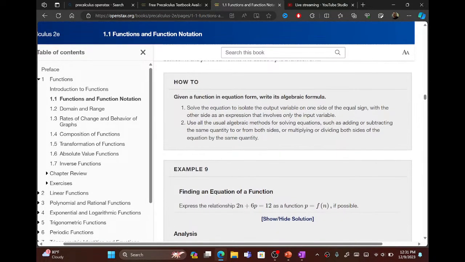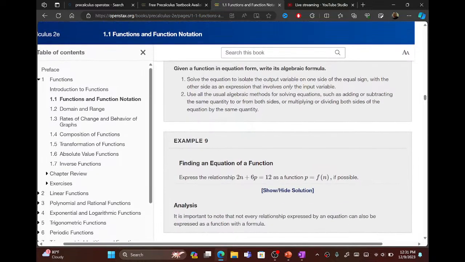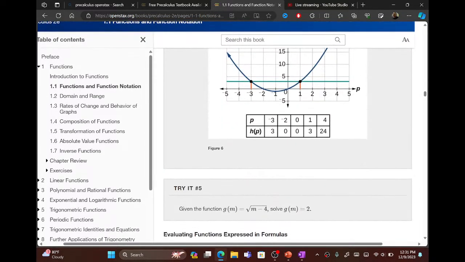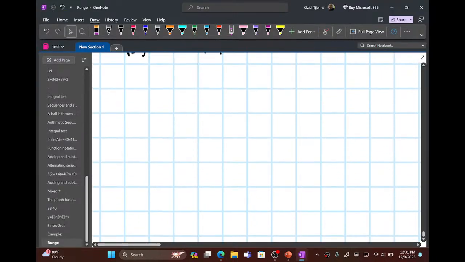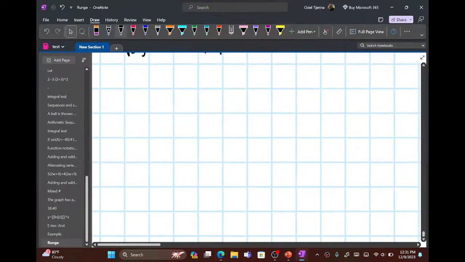We're going to try to do try it number 5. This one is a radical function, so I'm just going to go ahead and write it. We have g of m equals the square root of m minus 4, and we want to solve whenever g of m is equal to 2.